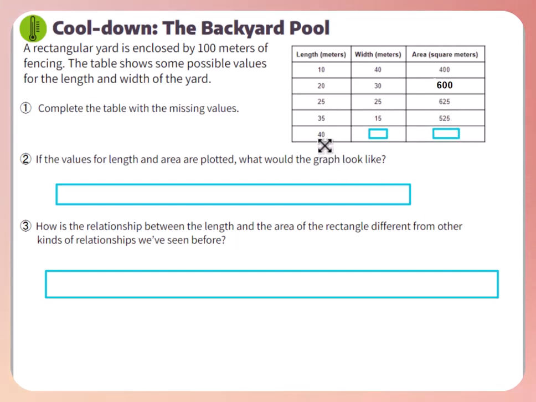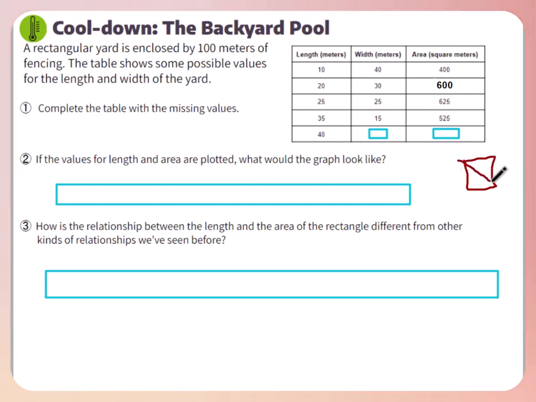And what do we multiply 40 by? Okay, so we have 100 meters. What's half of 100? If we're going all the way around the rectangle, it would be 100. Half of that would be 50.